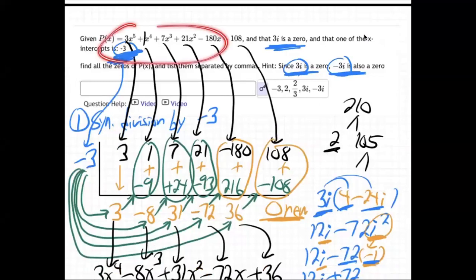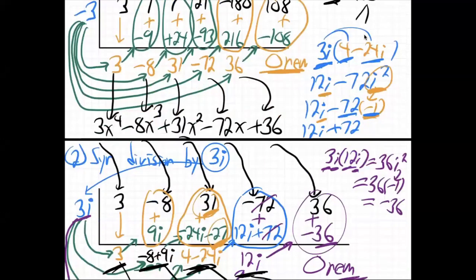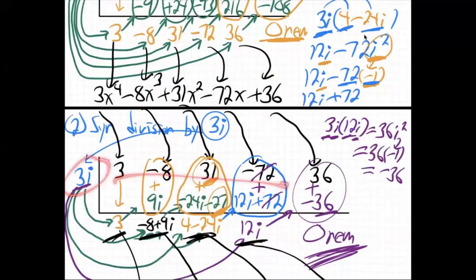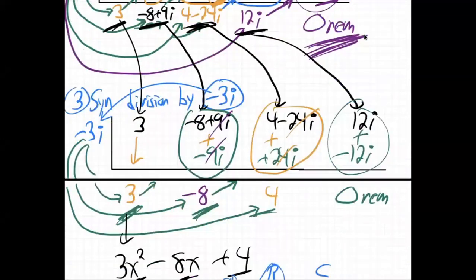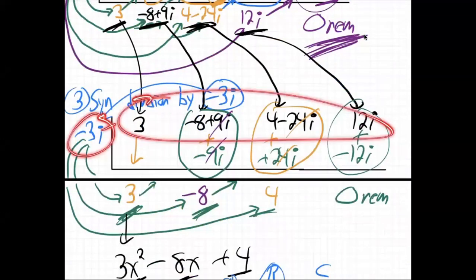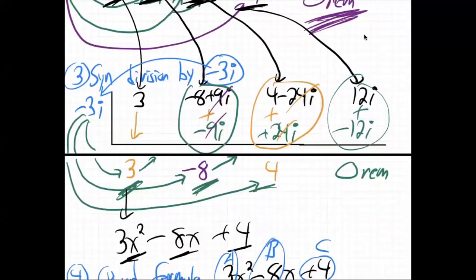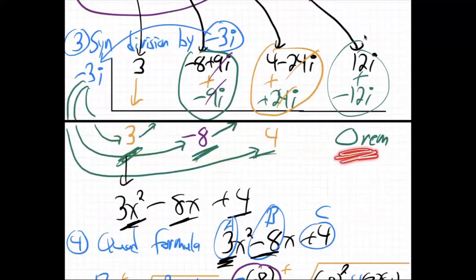We took the original polynomial, did synthetic division starting with the real zero, the -3. We didn't want to get the i stuff in there right away. Did the -3, got this result, stuffed it into another synthetic division with the 3i, got this terrible result, stuffed it into another synthetic division with the -3i. Every time you get a 0 remainder, you didn't mess up.